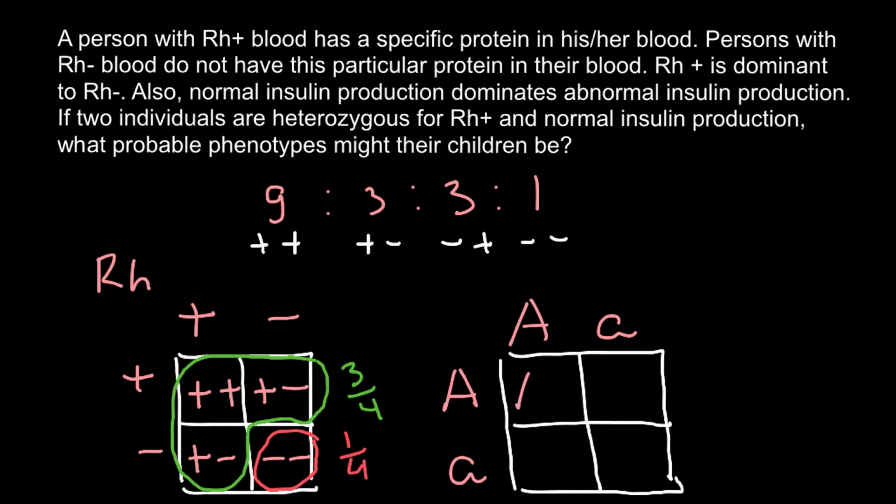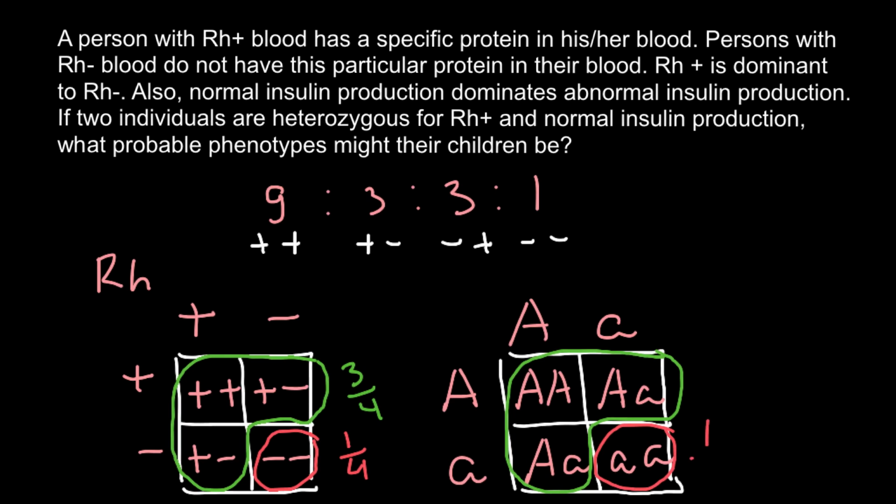When a person has at least one normal allele, he would be able to produce insulin, and if both alleles are mutated, he wouldn't be able to produce this enzyme. Once again, 3/4 of the progeny of this couple would be able to produce this enzyme, and 1/4 wouldn't. So 3/4 here.